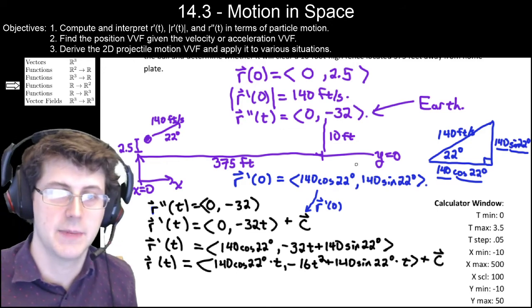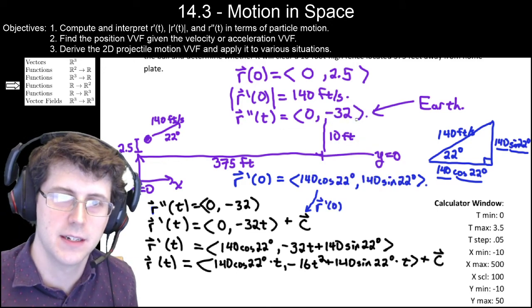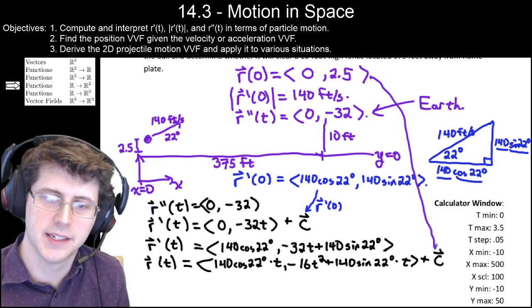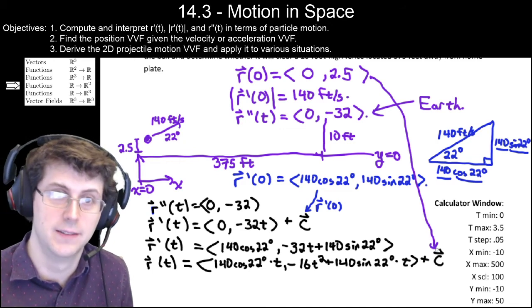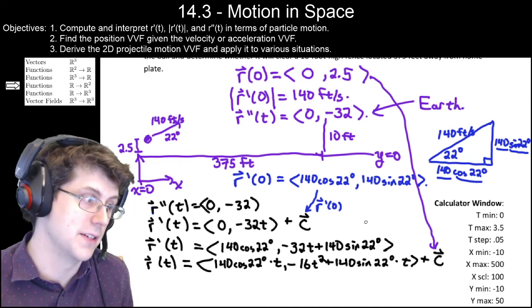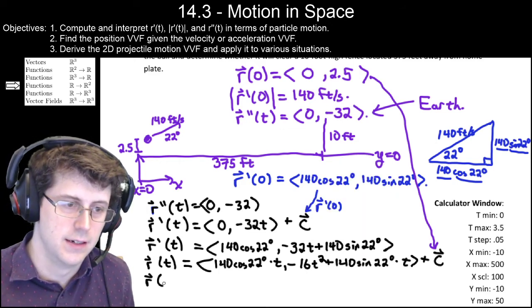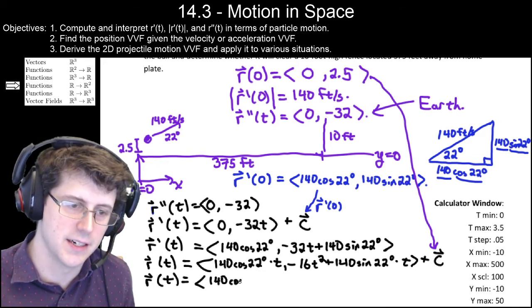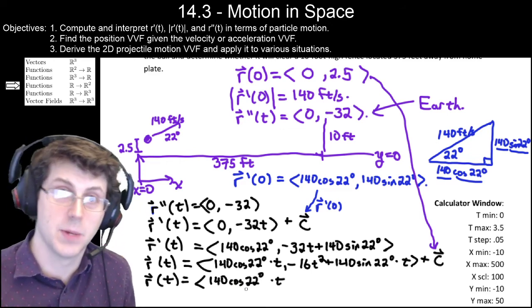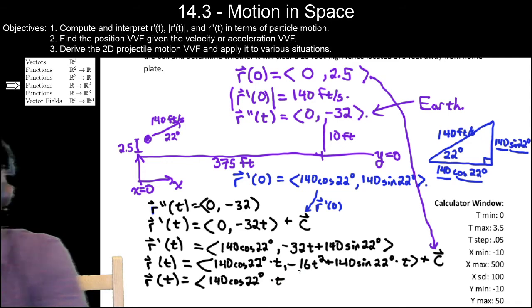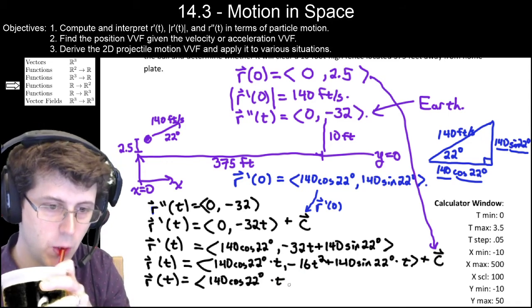But because I'm in a nice, simple situation where the acceleration is constant, this initial condition is the c. So I can just add 2.5 to the vertical component, and I'm done. So, what is my final answer? My final answer for the position function is that the horizontal component is just 140 cosine 22 degrees times t, and the vertical component is all this stuff plus 2.5.